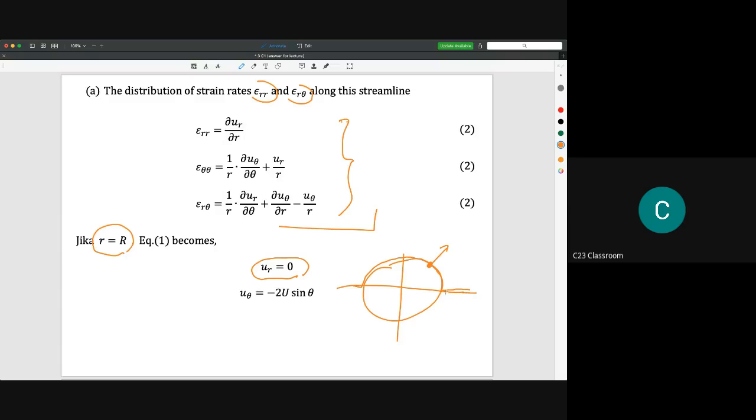It would flow outward like this, because it has an element of velocity moving outside the radius. If we substitute the value of U theta here, we get the value of negative 2U sine theta. The theta component here means the velocity that flows tangential to the surface.